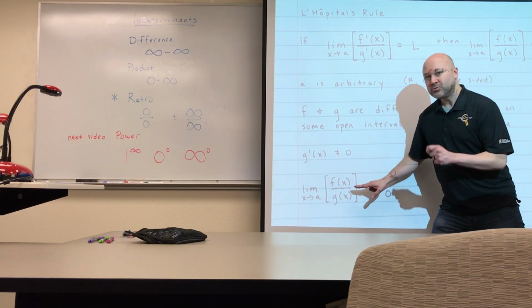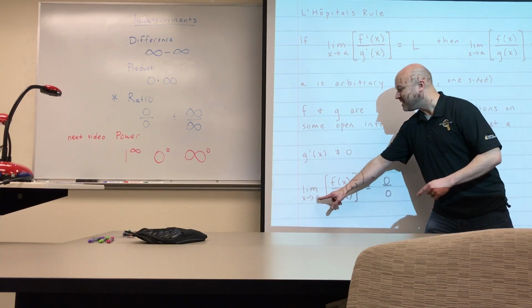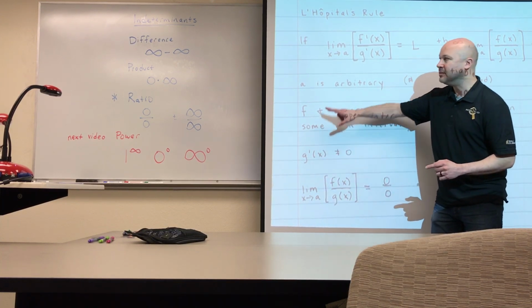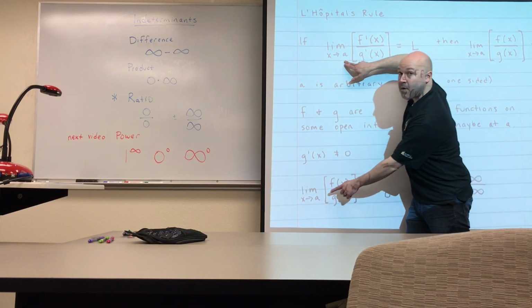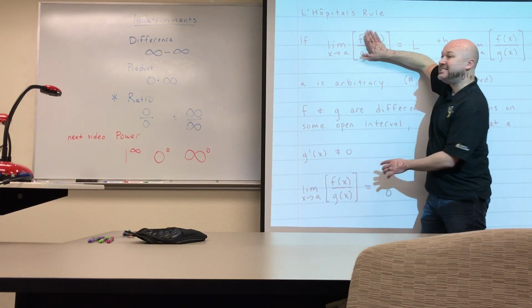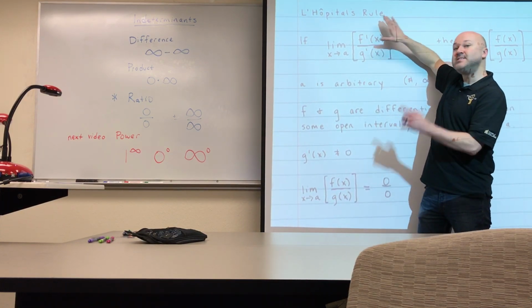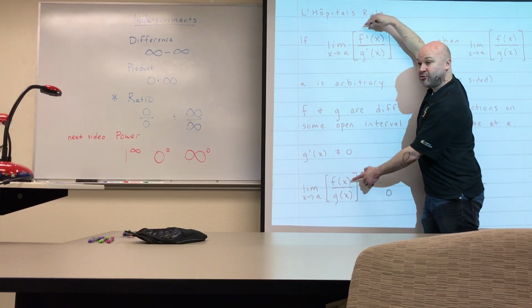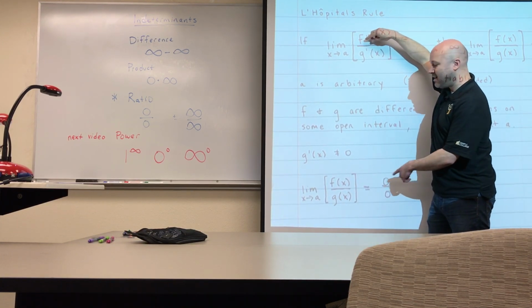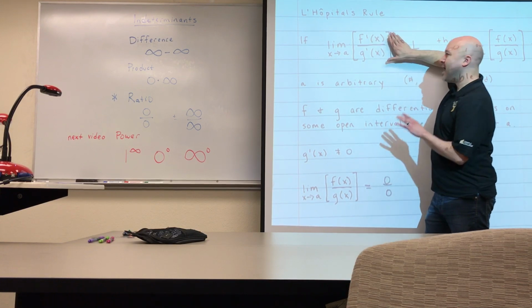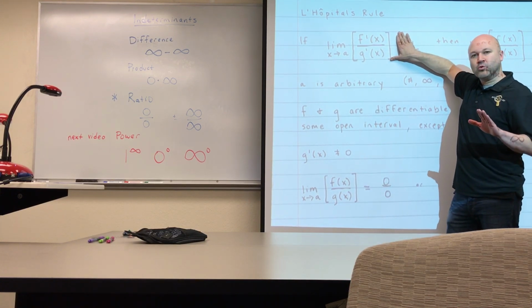Then L'Hopital's rule says, what I can do is evaluate another limit, the limit as x approaches that same arbitrary value of a different function, where that different function is the derivative of the numerator divided by the derivative of the denominator. I'm not applying the quotient rule.